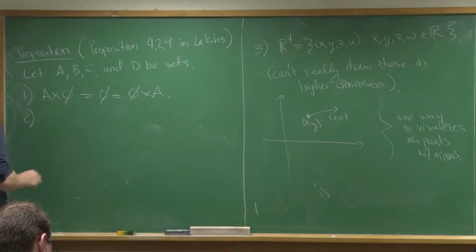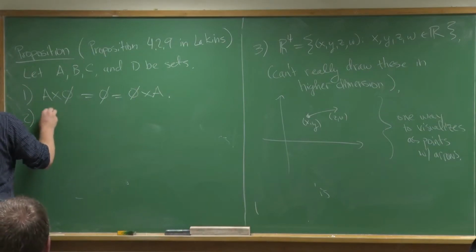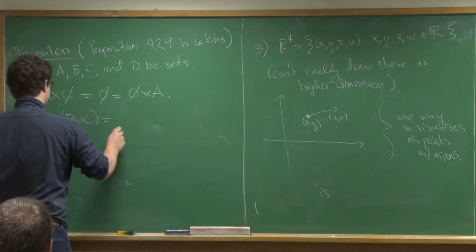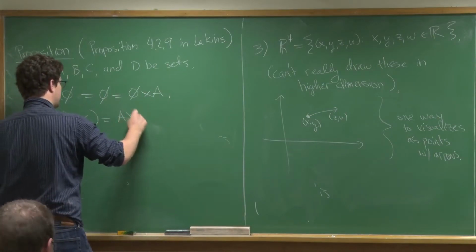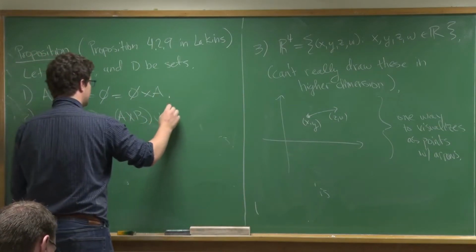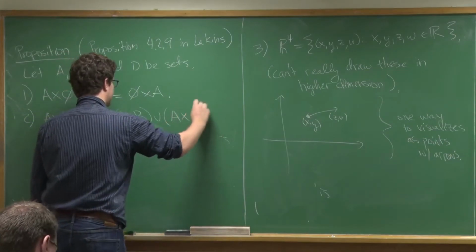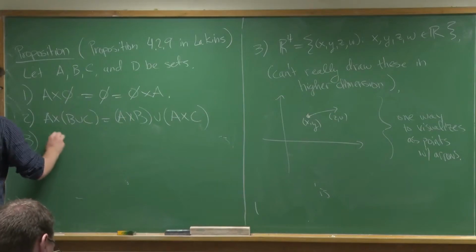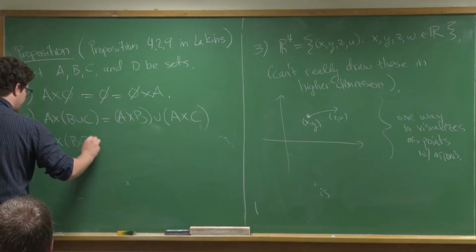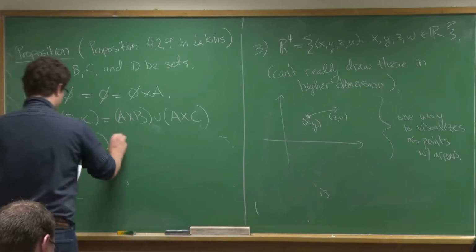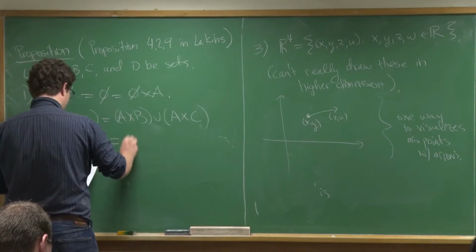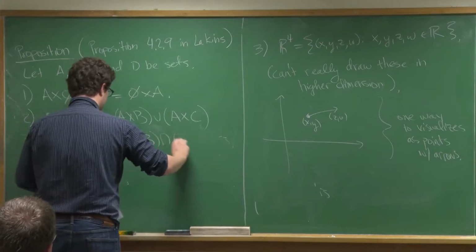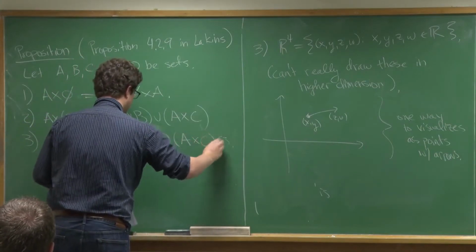The other properties are like A cross (B union C). This is the same thing as (A cross B) union (A cross C). The other things that we're interested in are like A cross (B intersect C). So this is (A cross B) intersect (A cross C).